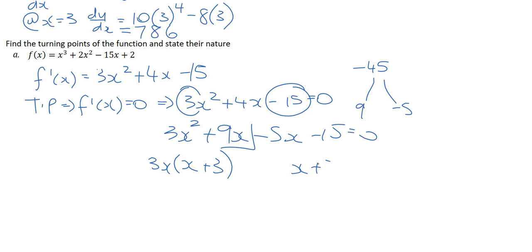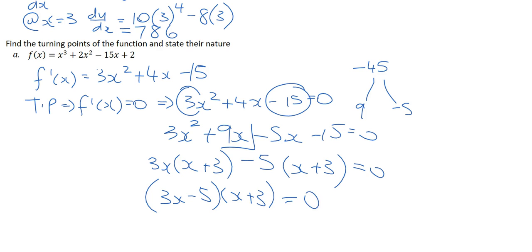Want that to be exactly the same, so let's times that by negative 5, which makes it 3x minus 5, x plus 3. Who remembers doing that from last year? No one? Well, half, 4 or 5. Okay, cool. As long as you get the same answer, I suppose that's all that matters.